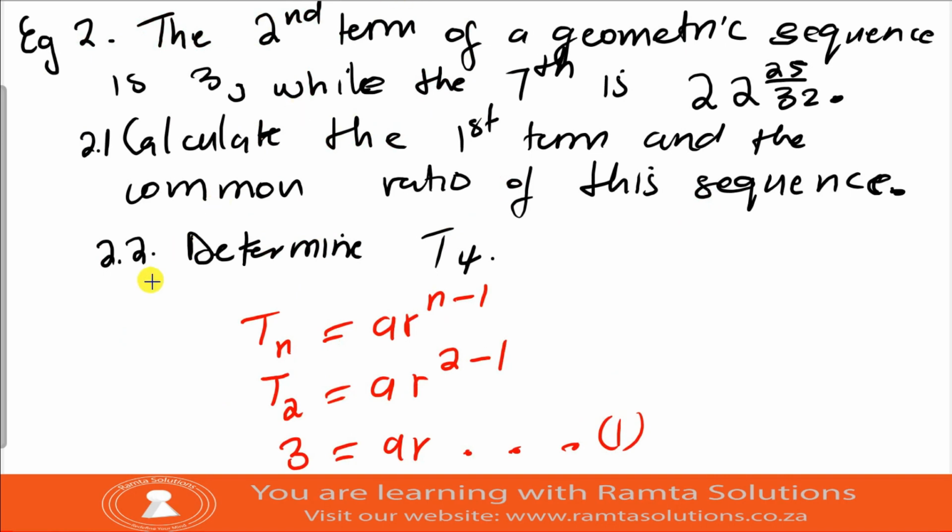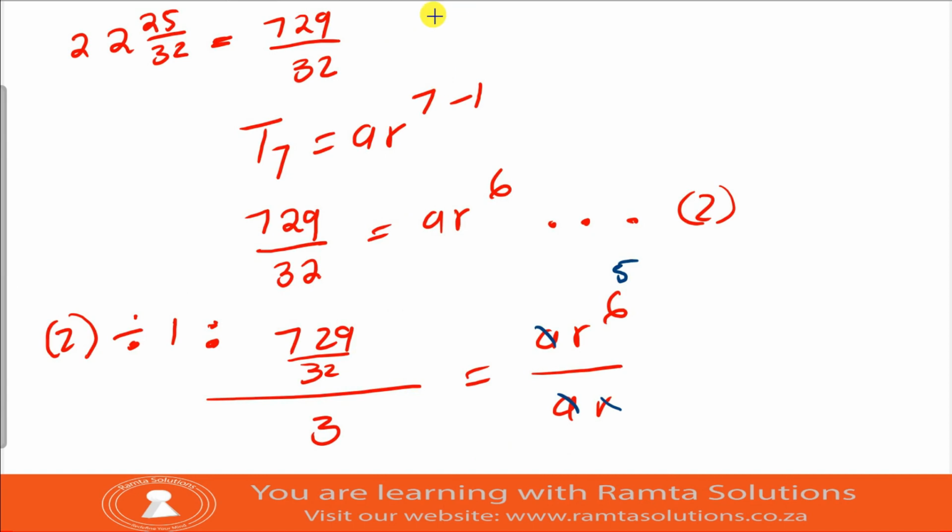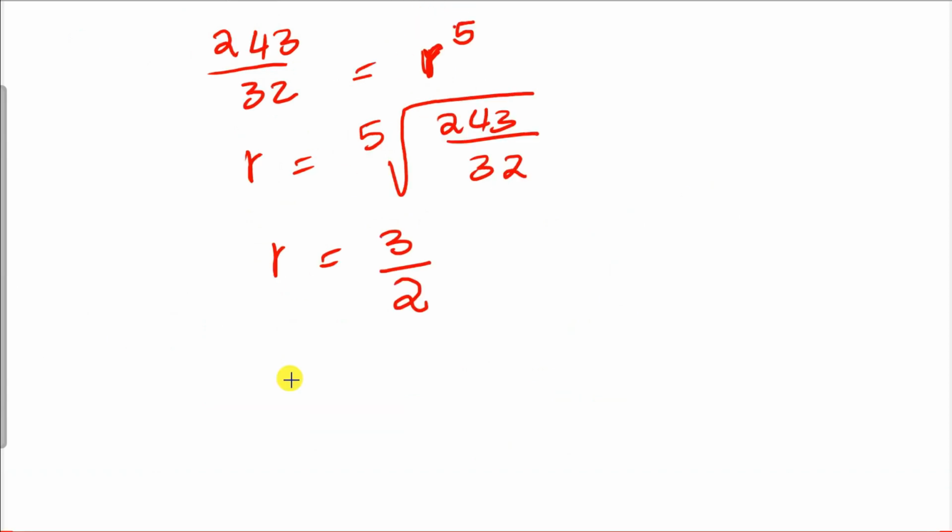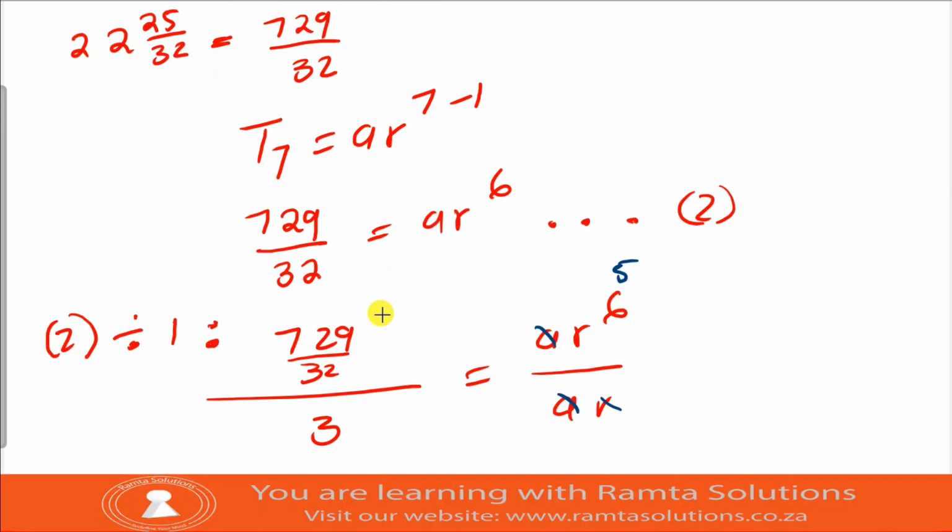Now, the second question says, I must find T4. I know what is A. Oh, I don't know what is A. So I will substitute this value on either equation 1 or equation 2.